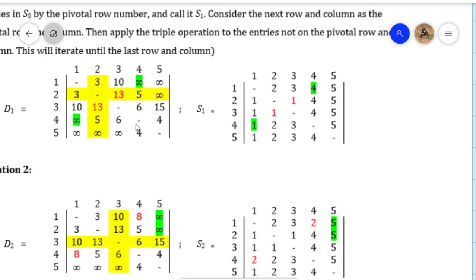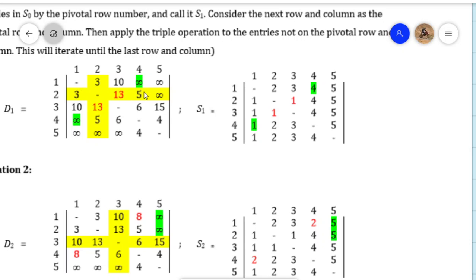Then we again apply, or by this time we highlight the second row and the second column. They are the new pivotal row and pivotal column. This time, second row, second column. Then we apply the triple operation to all entries not contained in this row and column.